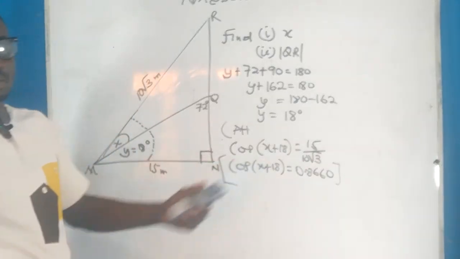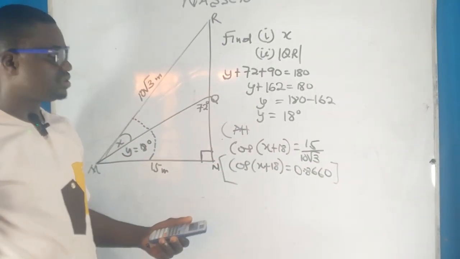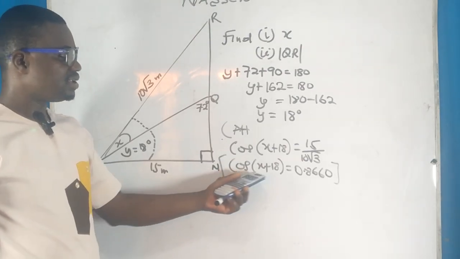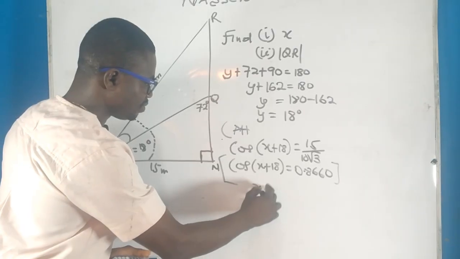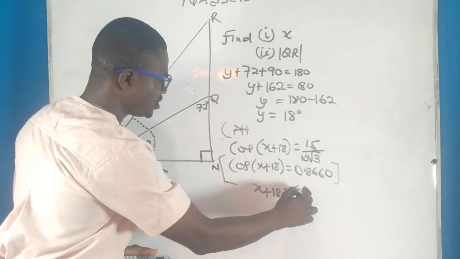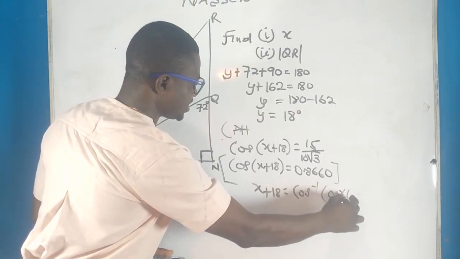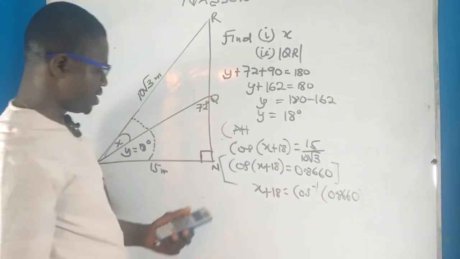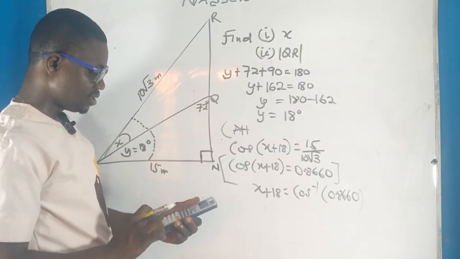Now to get this value, I want you to observe very well. Most of the time, questions in this form are also repeated in objective set. So you just have to find the cos inverse of the value. So x plus 18 is equal to the cos inverse of 0.8660. That is shift cos of the answer.